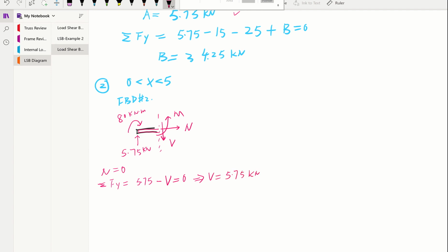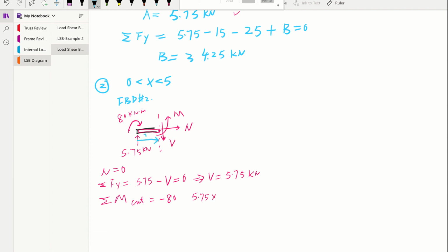Then we're going to use moment about where we cut at this point. So we'll have this moment itself, it's clockwise, so it's going to be negative 80. Then we have this 5.75 times, what's the distance from here to here?